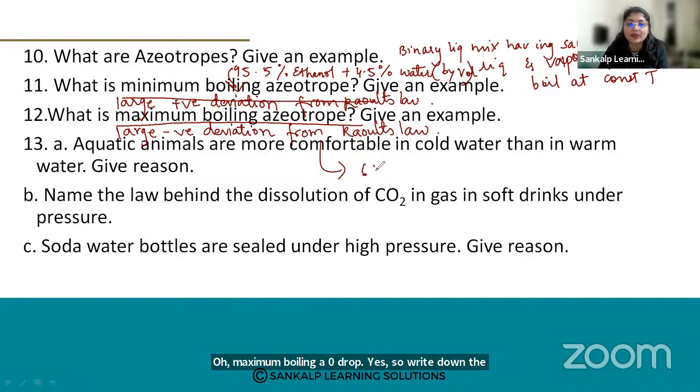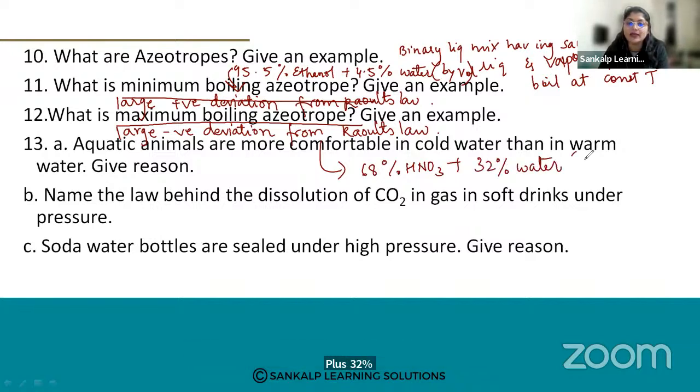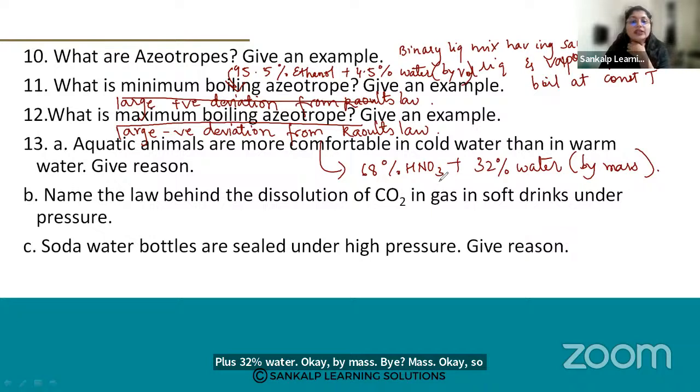Please note down the example: 68% HNO3 plus 32% water by mass.